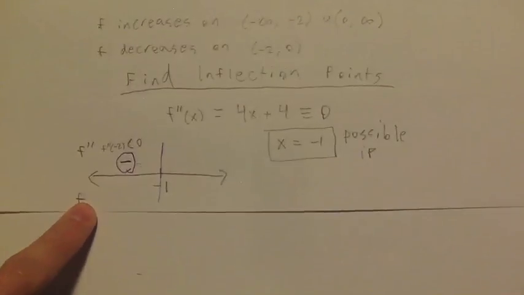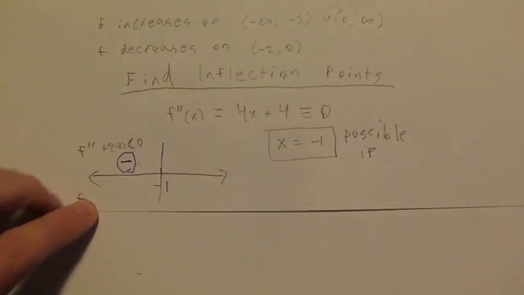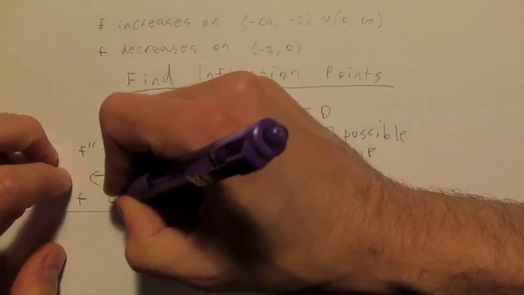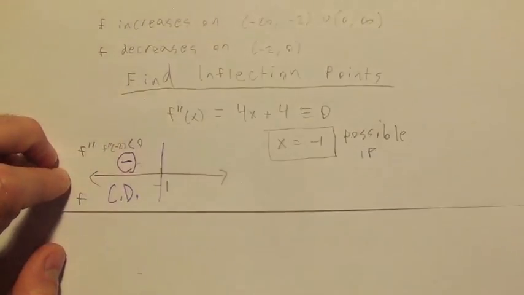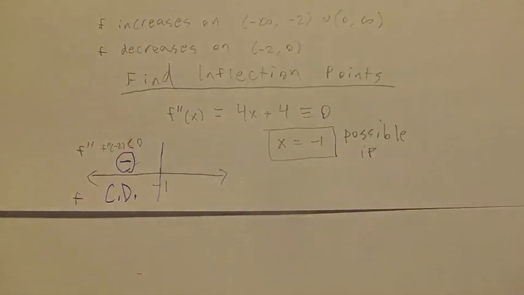If you told me that that means f is decreasing, you were wrong. That actually means that f is concave down. Okay? So remember, f double prime gives concavity. It doesn't give increasing or decreasing. We already did that with f prime. And I'm saying that because a lot of people make this mistake.